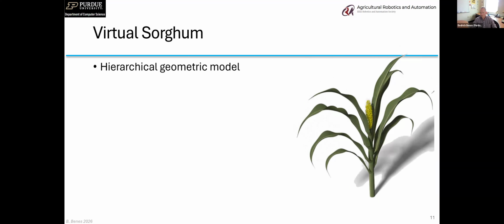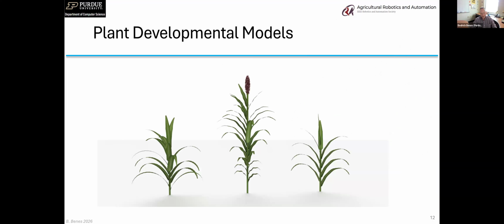We also simulated reflectivity and the panicle and everything. So once you add time to this, you end up with a model that is capable of simulation of growth. And as I said, I don't want to go too much into details of this. Let's assume for now that we have this model.